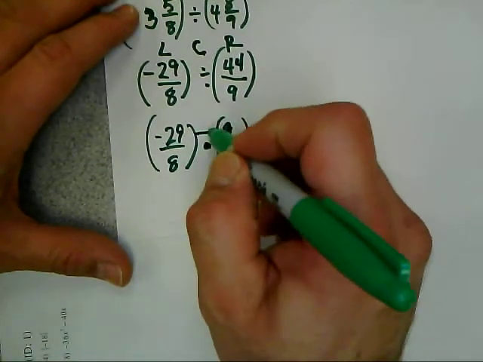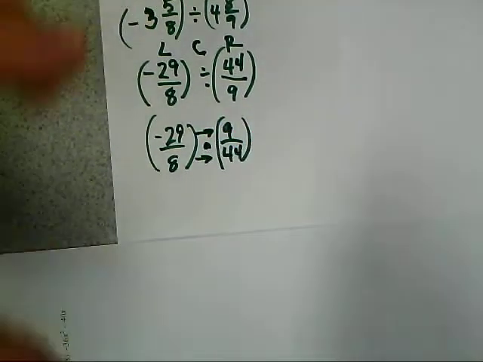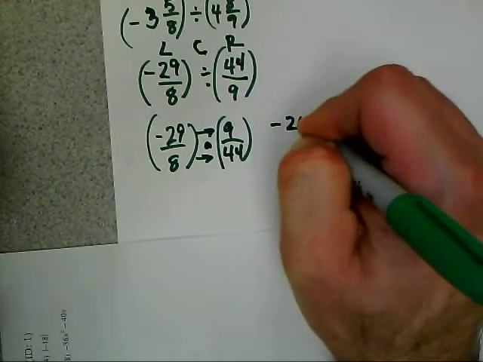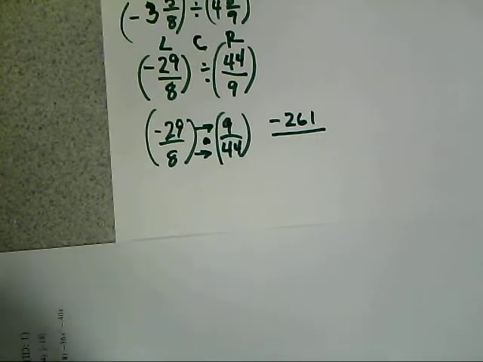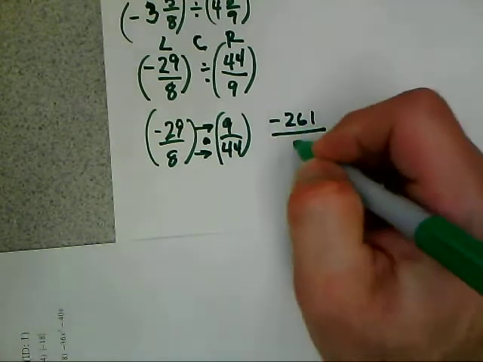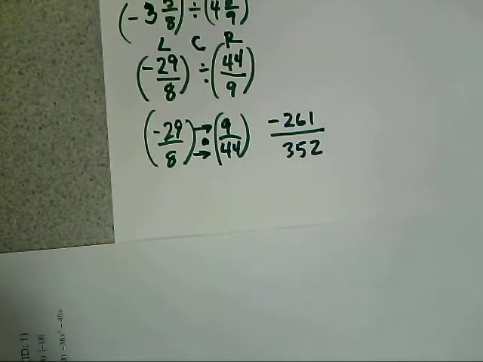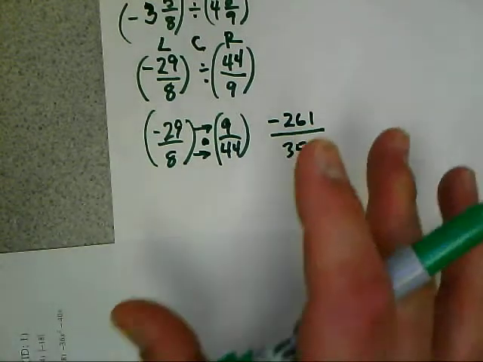Now, what do we do? We multiply the numerator times the numerator, and we multiply the denominator times the denominator. So negative 29 times 9 equals negative 126. I'm sorry, negative 261. And we're going to do 8 times 44, which is 352. If you have a calculator that's capable of doing it, I'm willing to take this.